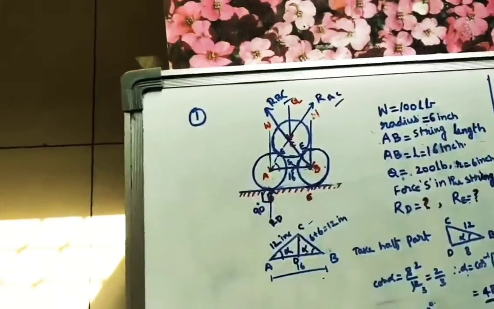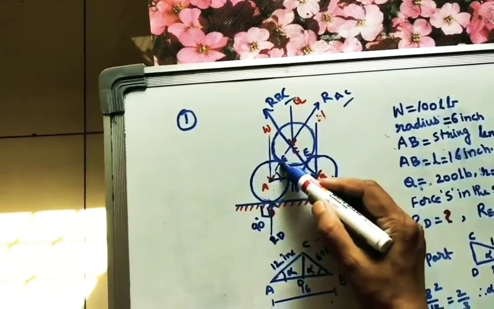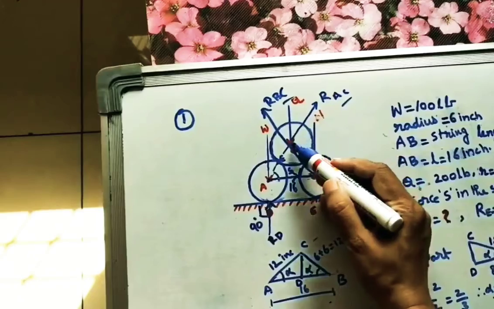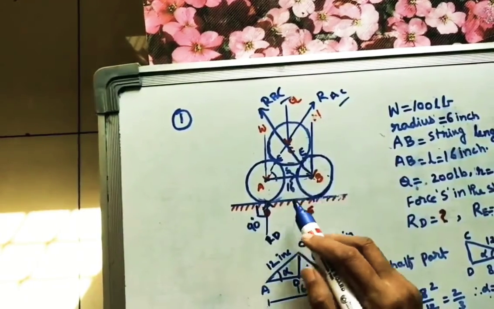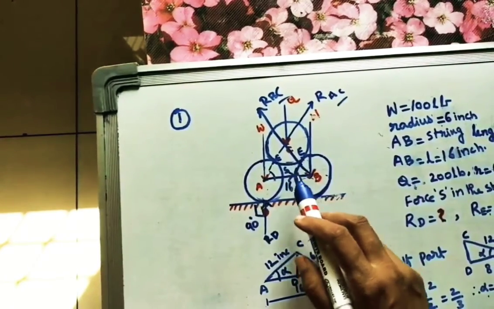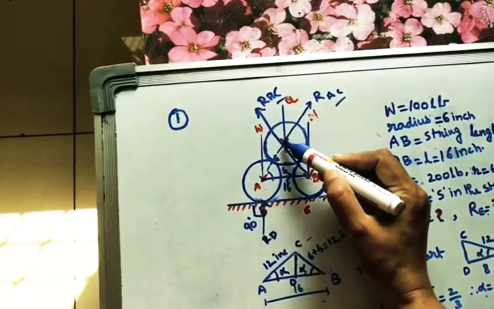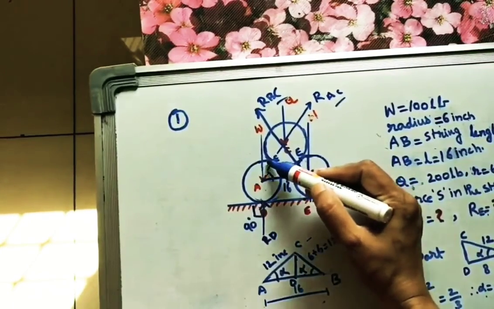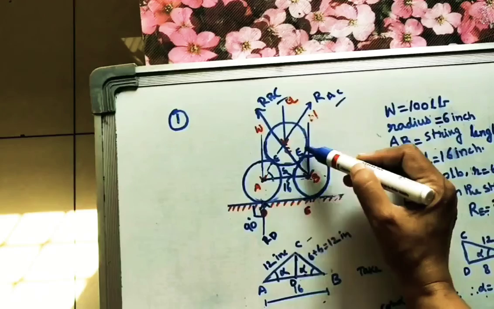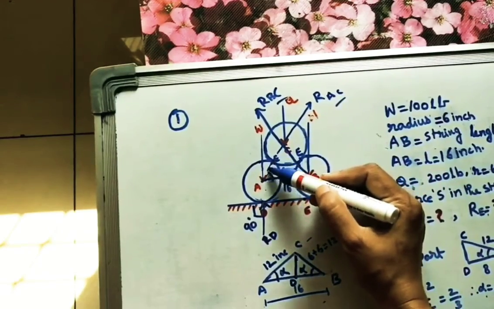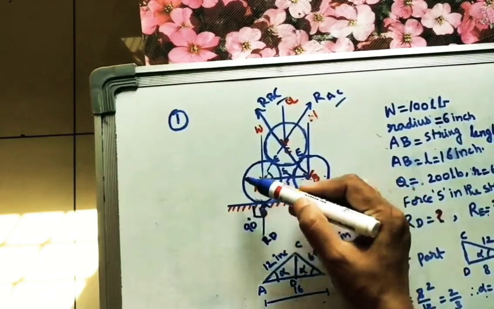Now what are the other forces here? At point E we took RAC on this roller. Similarly, according to Newton's third law, whatever reaction is acting because of this sphere or cylinder on this one is equal to the same reaction acting on this cylinder.